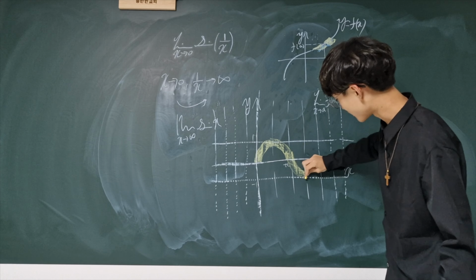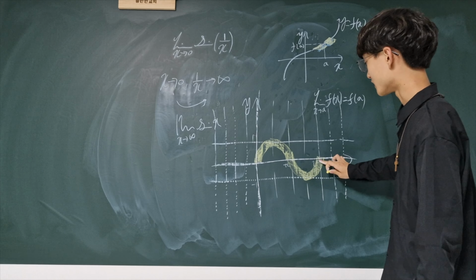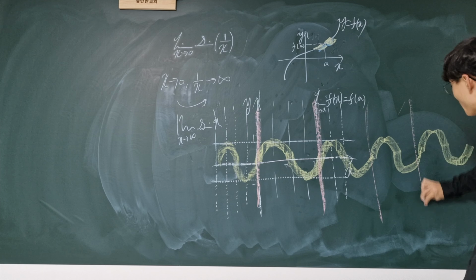The sine function is a very cute function that has periods, so it just keeps repeating like this. Isn't this very cute? And there is a reason why I say it's beautiful. First of all, it has periods. The sine function keeps repeating this part. Isn't it just so pretty?